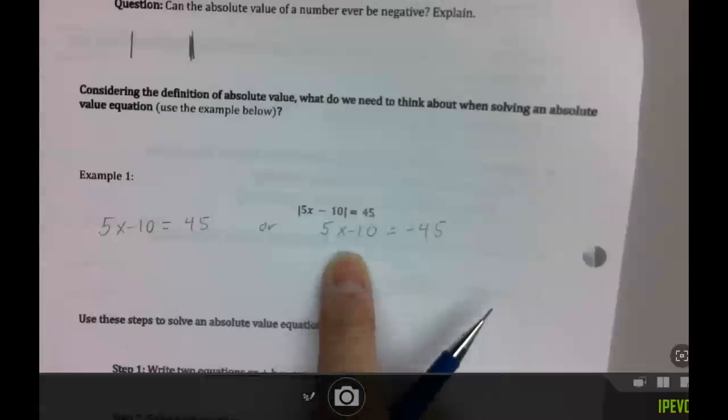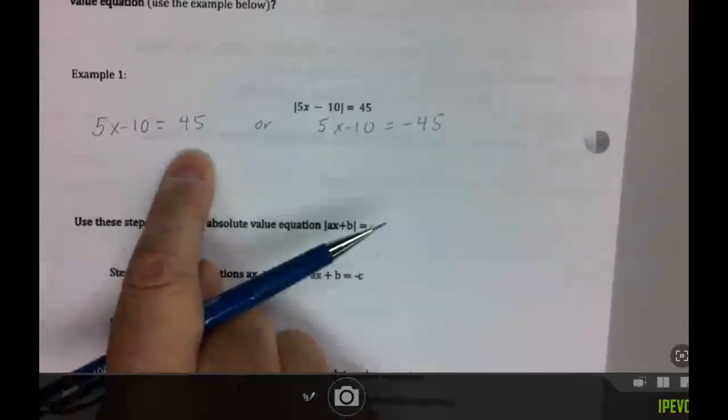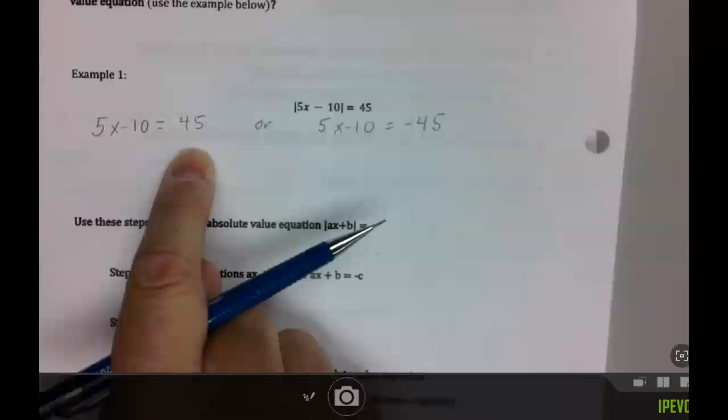Notice there's no absolute value symbol. And then you solve each one of those just like you did in Algebra 1.